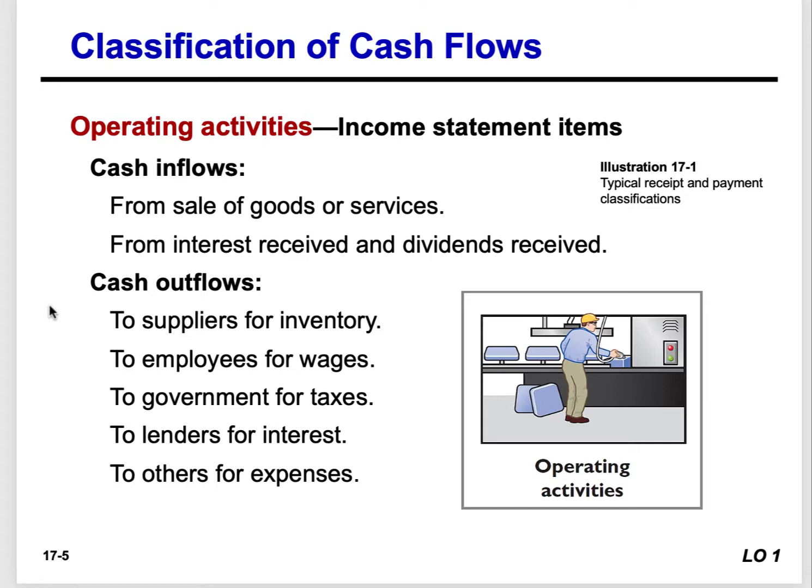We pay for supplies, or we pay for inventory. That does not belong under investing activities. That does not belong under financing activities. That belongs under operating activities. Okay. So if I were you, I would definitely put on a note card: here's my operating activities. They're all income statement items, right?